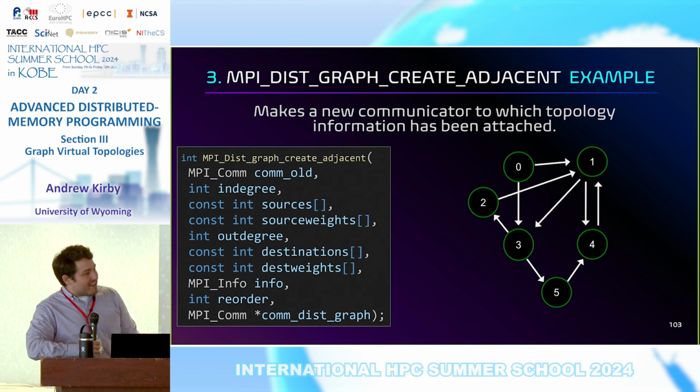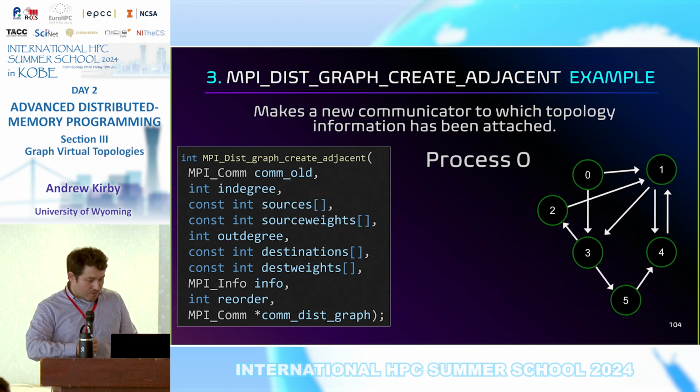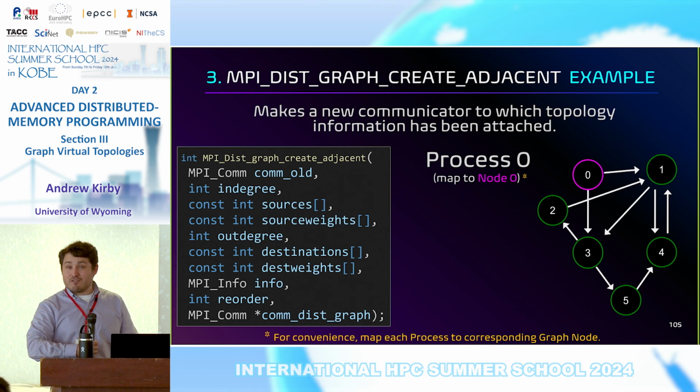Okay, our function again, right? So now we have a bunch of input parameters: in degree, sources, weights for the sources, out degrees, destinations, and weights associated with the destination edges. Okay, so process 0, which is mapped to node 0 logically, because that's how this works.